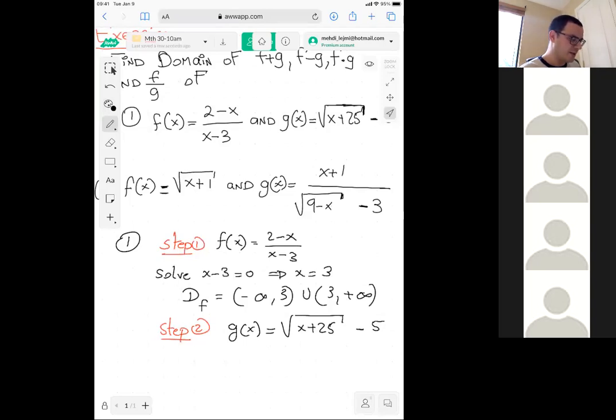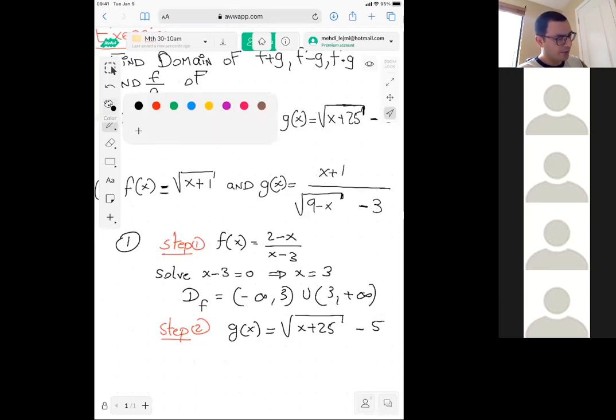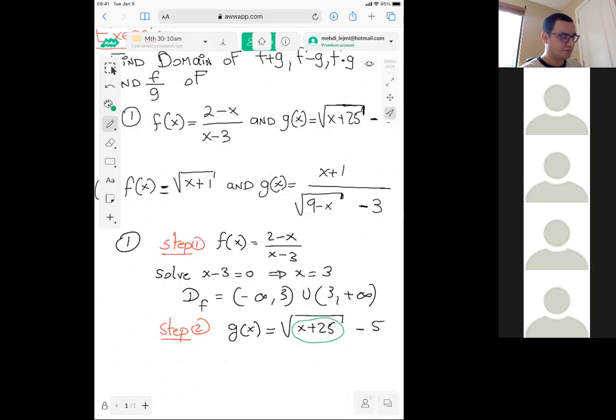You cannot simplify by subtracting 25 minus 5. We have a square root, not a fraction, and the expression under the square root is x plus 25. You don't care about the minus 5.